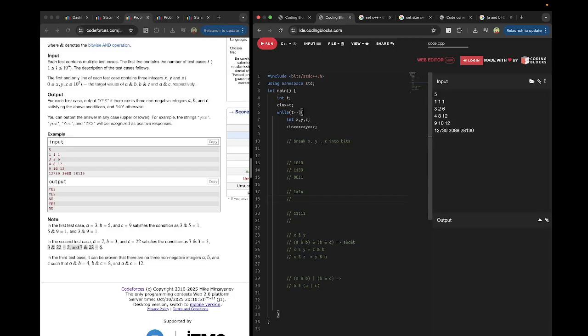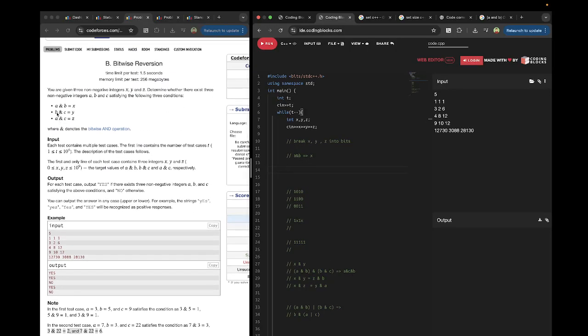So the only way it cannot happen ever is when, since A and B make up X, and obviously A would be used in one of the other ones as well, right?